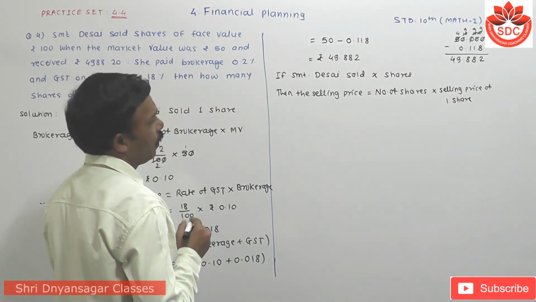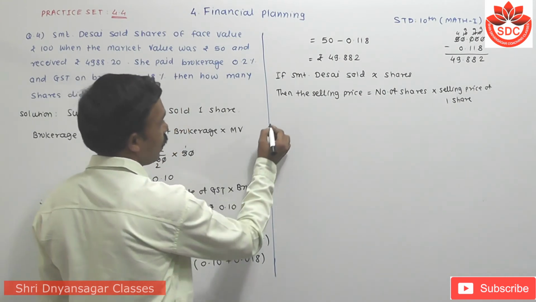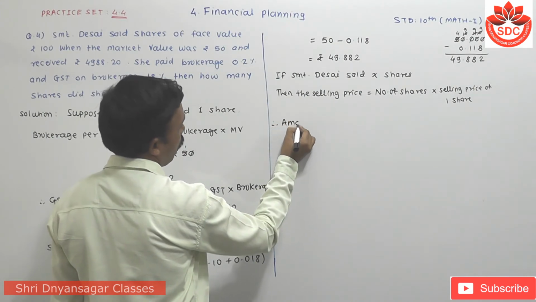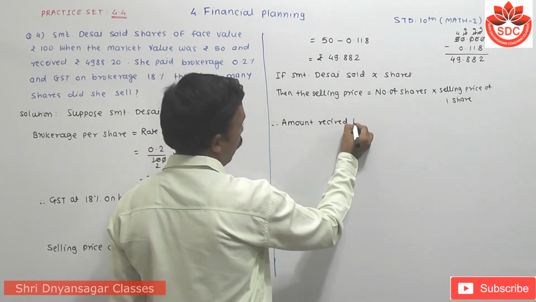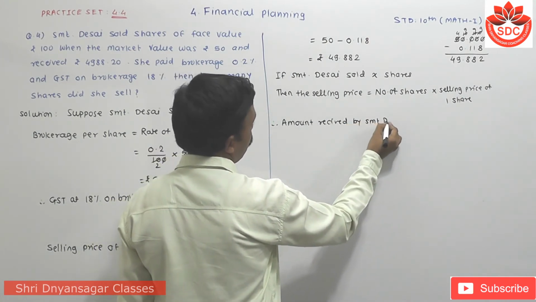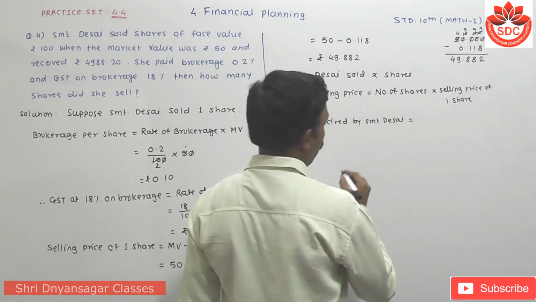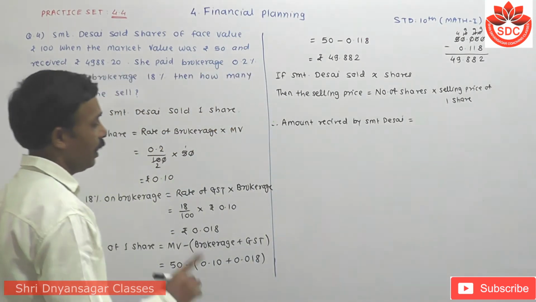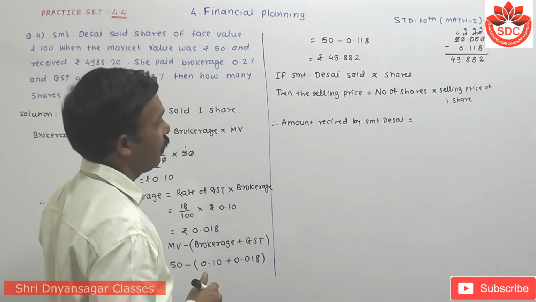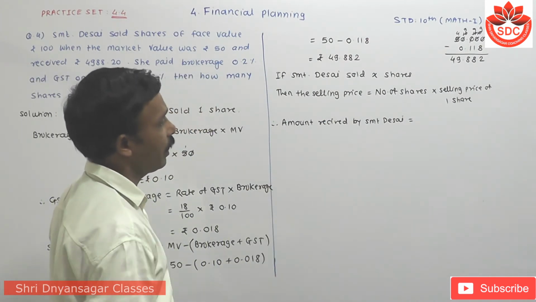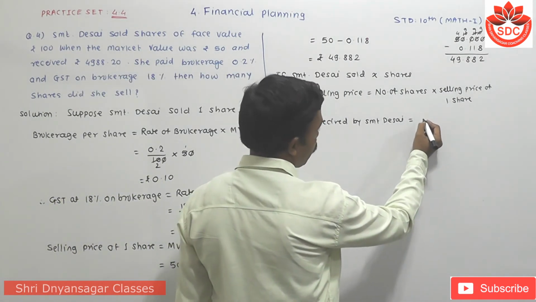Therefore, we have to find the amount received by Srimati Desai. The amount received by Srimati Desai is equal to the selling price of X shares, means the number of shares into the selling price of one share.